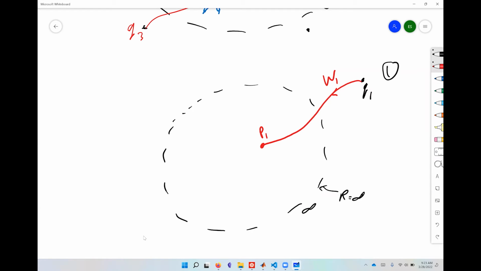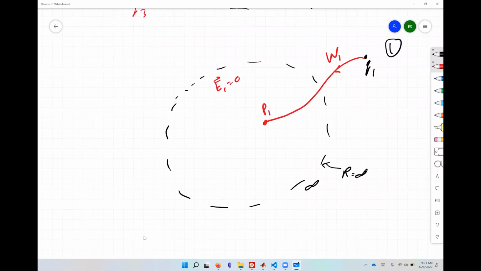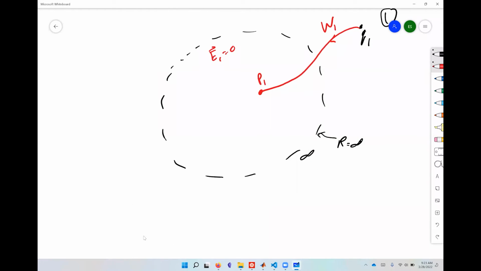Well, this is the first charge that we're moving into space. Because it is the first charge, there is no electrical field. Initially, E1 equals 0. So W1, what is W1?